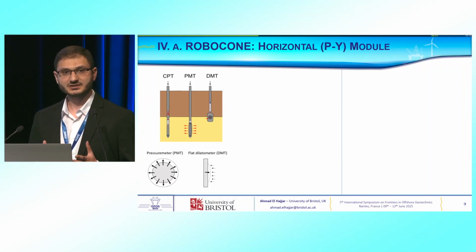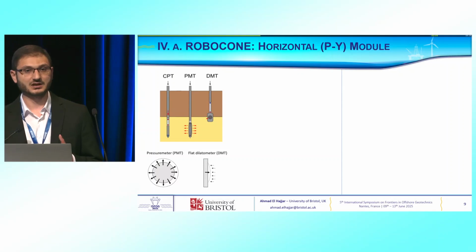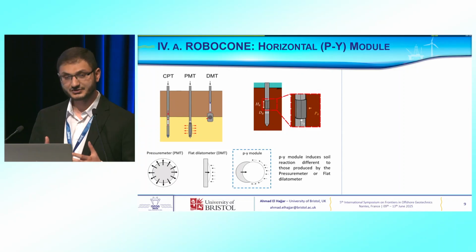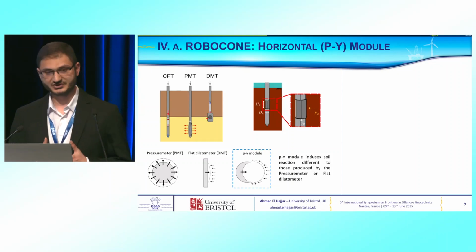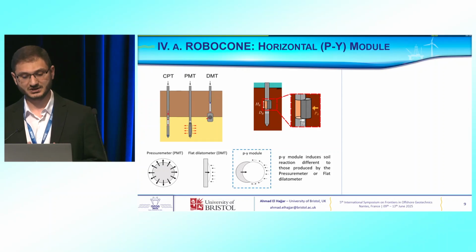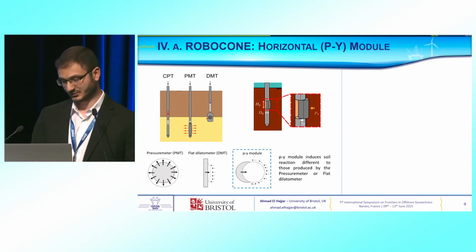But as you can see, none of these existing tools can closely mimic the lateral effect of the laterally loaded piles. For this reason, we developed the PY module, which is doing a straight horizontal motion in an asymmetric way, different to those experienced by the pressuremeter and the flat dilatometer.